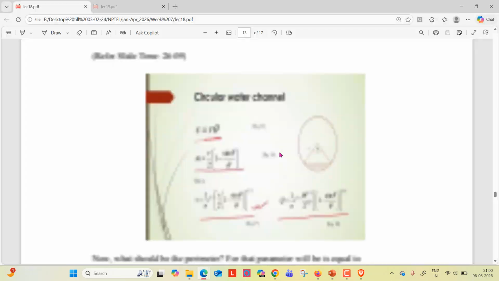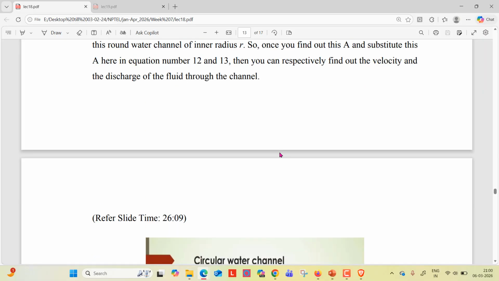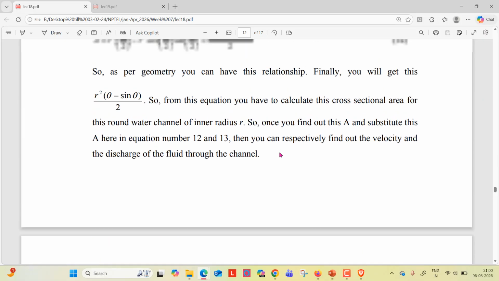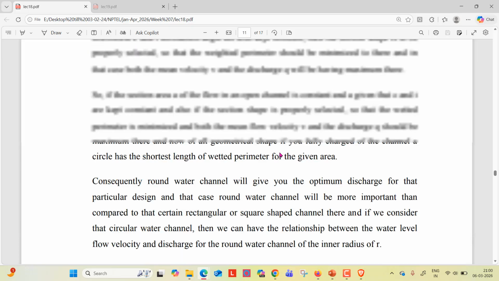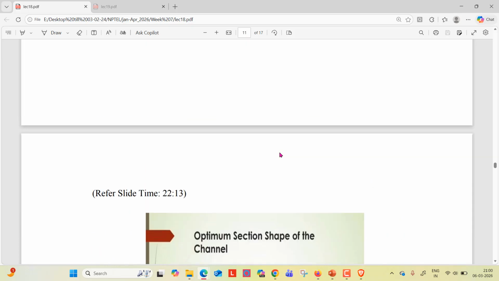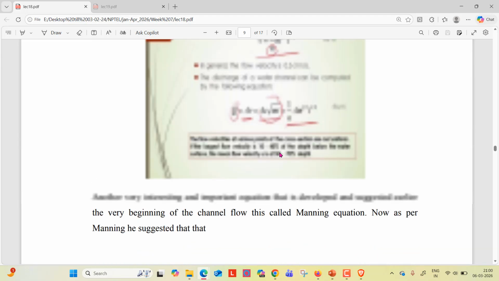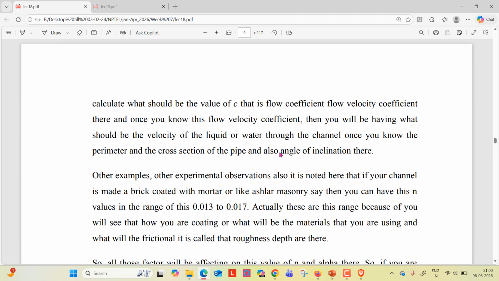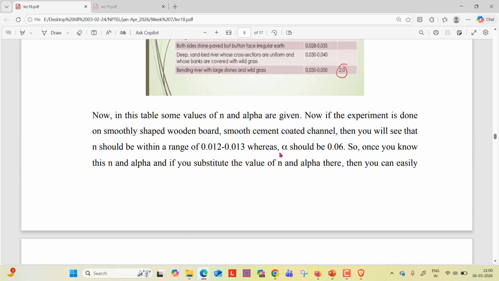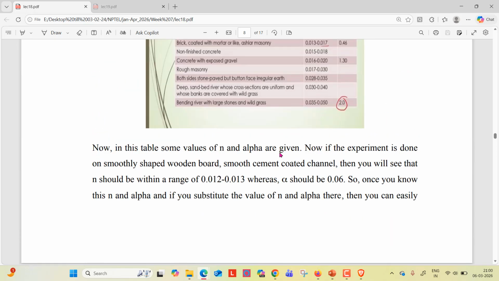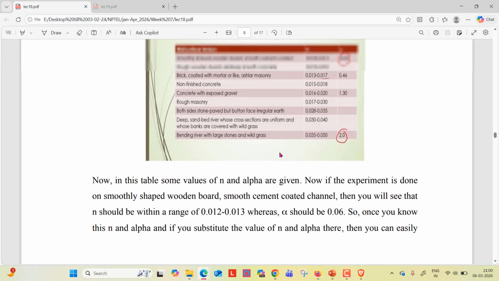For empirical equation case, the equation will be given to you. Okay, so you don't need to remember. But the basic equation you need to remember how the equation is coming, like the expression of critical velocity, like the expression of critical energy, specific energy, critical depth, kind of. Okay.